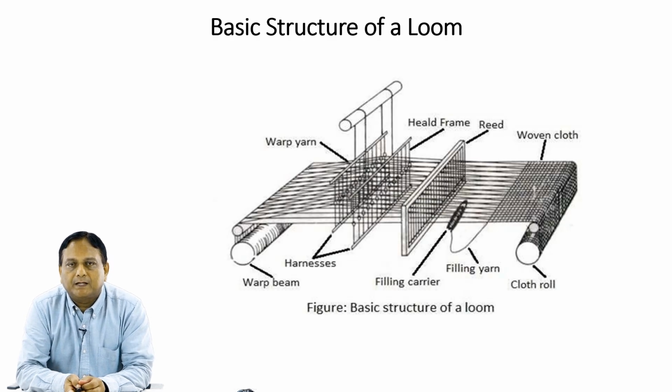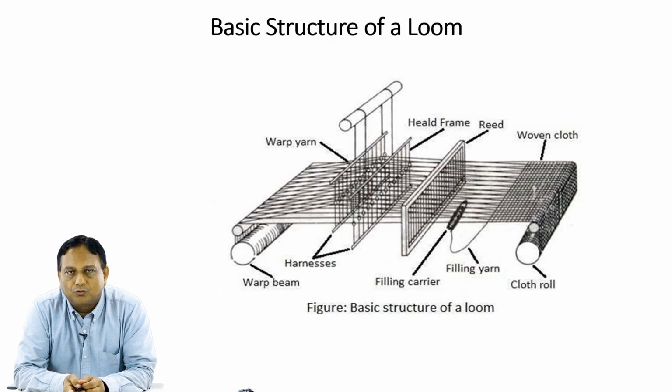As you can see in the figure, the basic structure of a loom has been shown here. It starts from the warp beam, which is produced from the warping. Then the warp yarns are passed to the heddle frame, which we call the harness, and then to the reed.